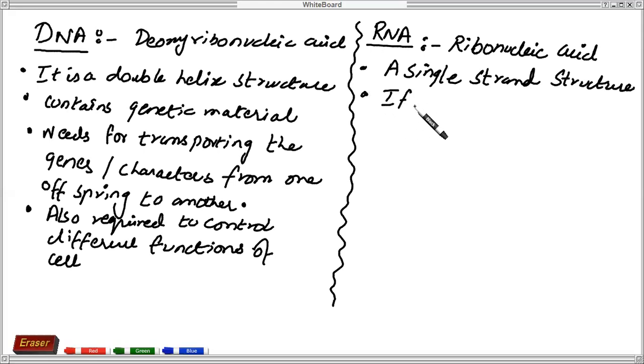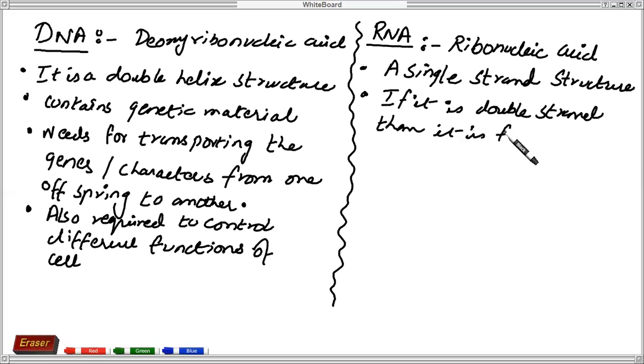If it is double strand, then it is found in viruses.